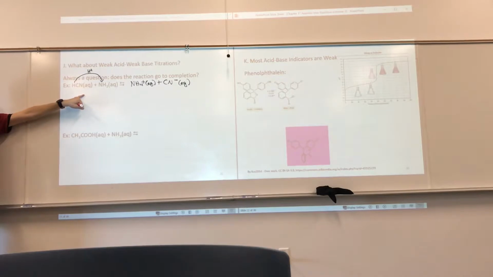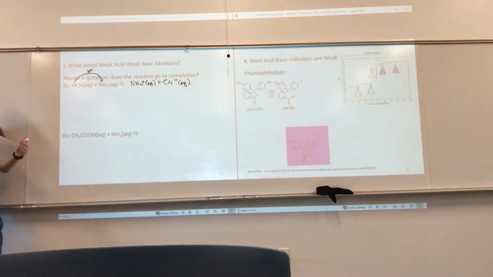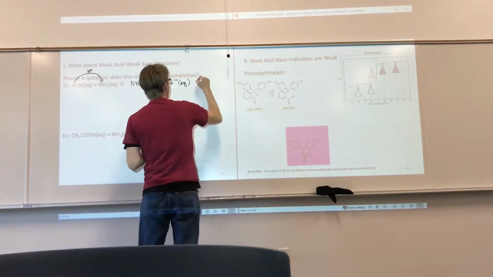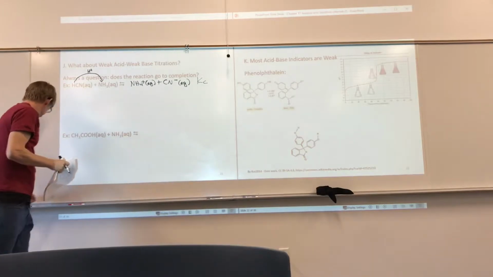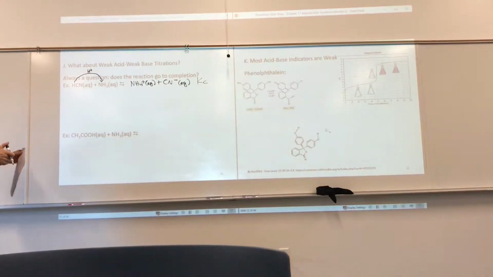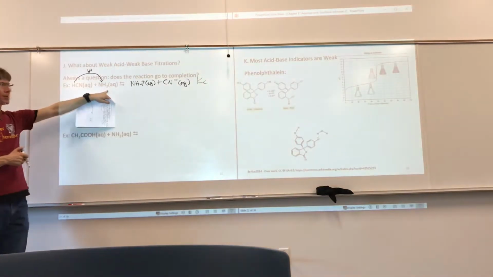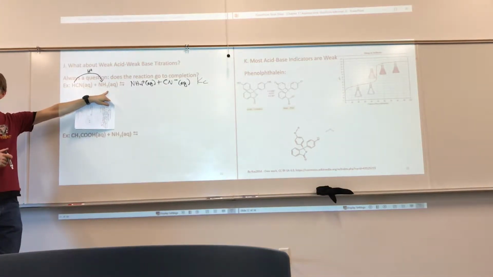Question, does the reaction go to completion? Well, to find that answer, we have to find the Kc for this using available K values that we've already got. For example, we know the Ka for HCN. We know the Kb for ammonia.